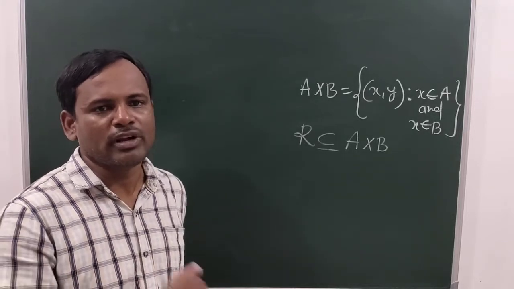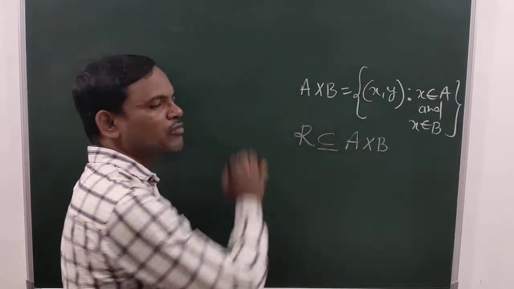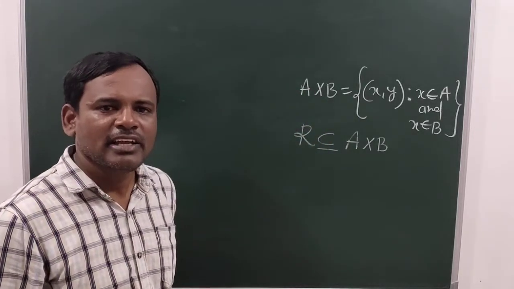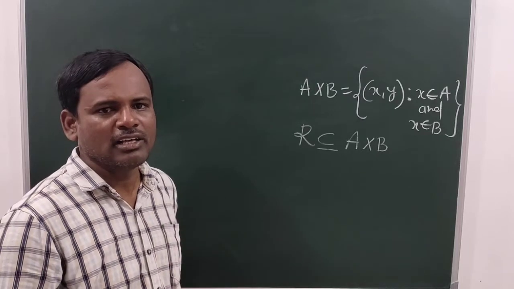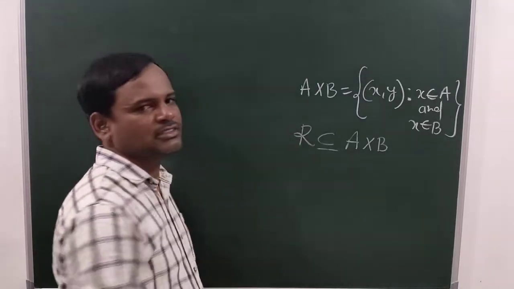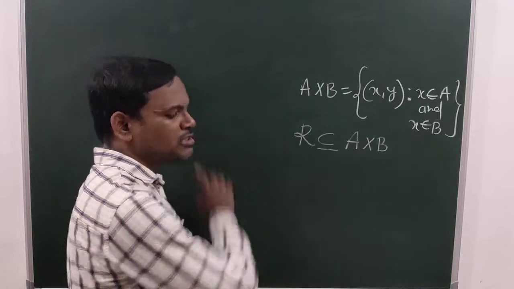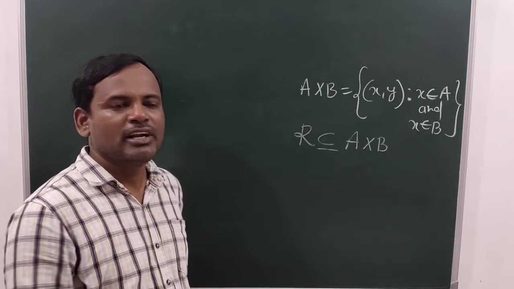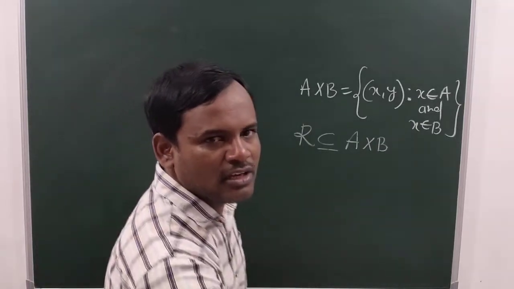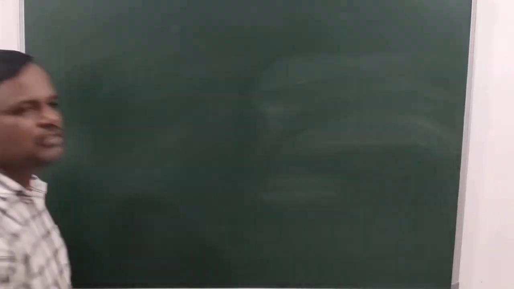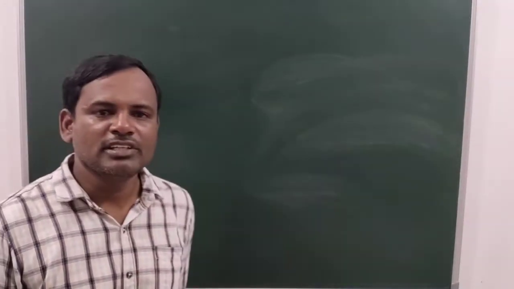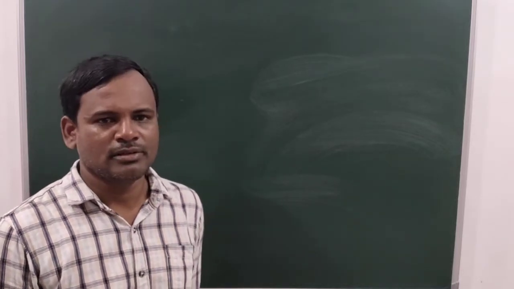As we know, 2 power n subsets are possible for this set if it has n elements. All those possible subsets will be called relations. Okay, so this is the basic knowledge of the definition of a relation. Now let us go to the definition of a function.